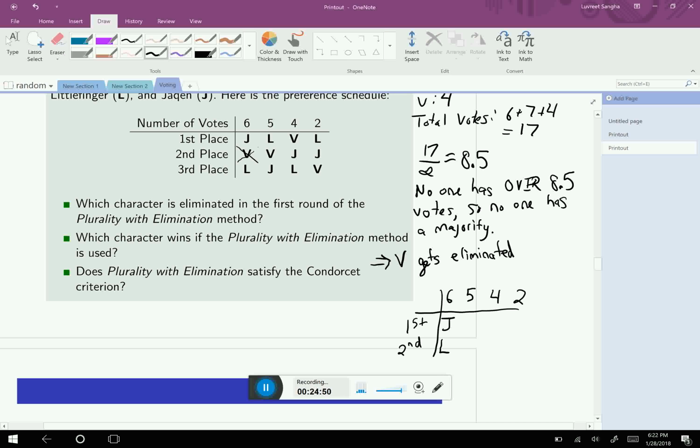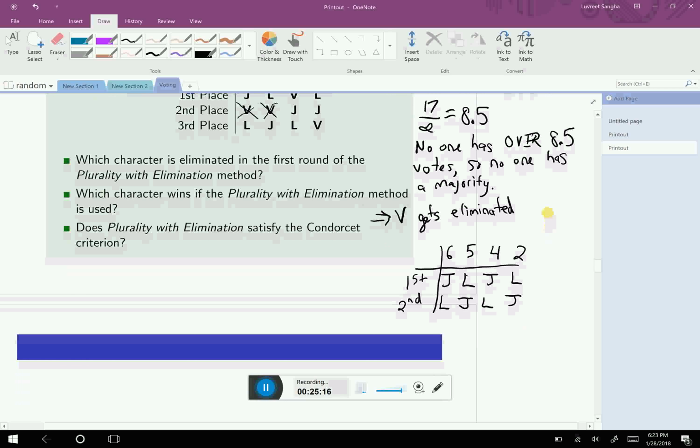In the second column, L is still in the top spot, and J takes V's spot in the second place. In the next column, J gets bumped up and L slides up as well. In the last column, V just gets eliminated from the bottom spot, and L and J stay where they are. So again, with this preference schedule, we have to count how many first place votes each person has.